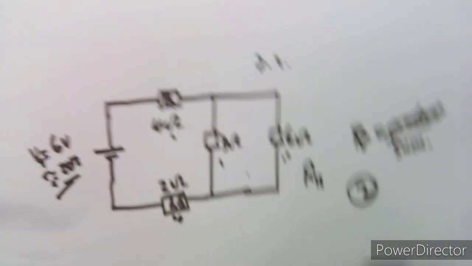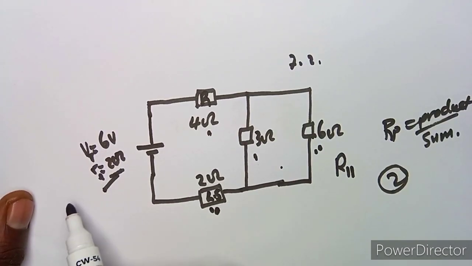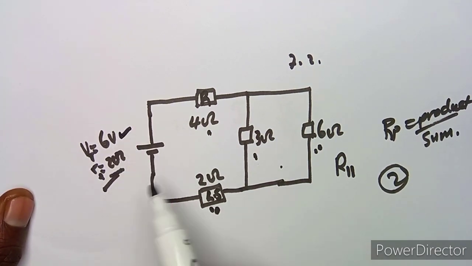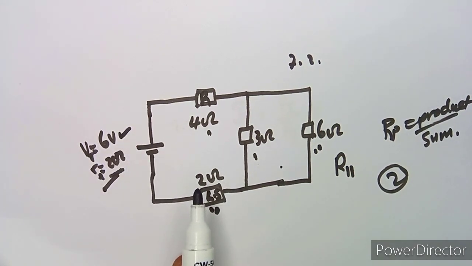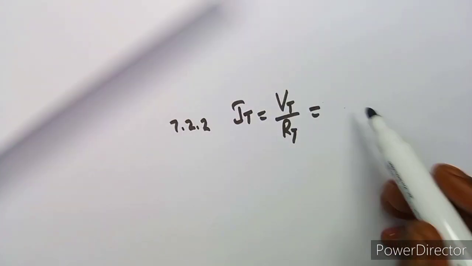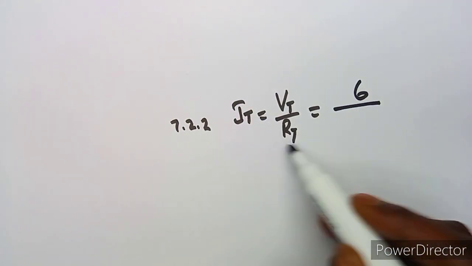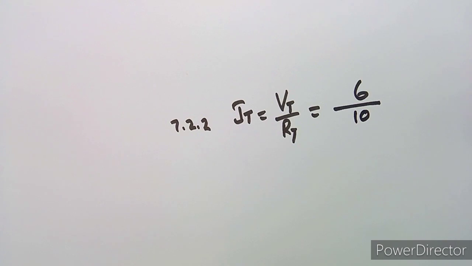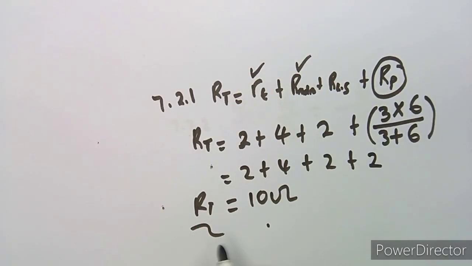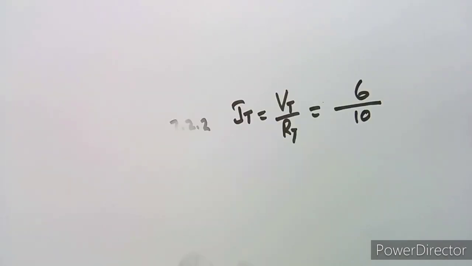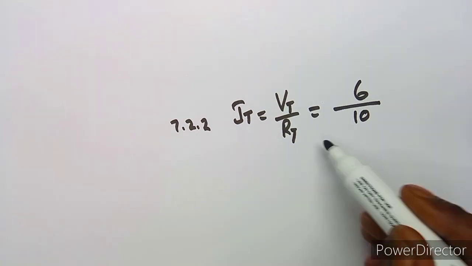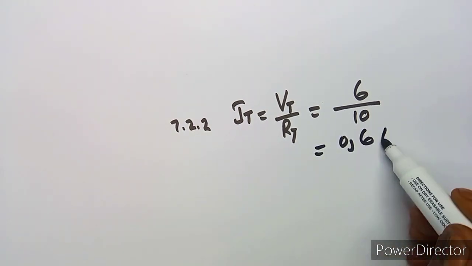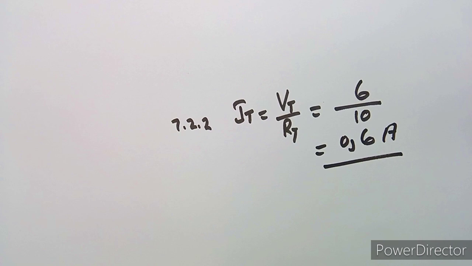So we've got the total voltage from the series cells that we had, which is 6 volts in this case. So it's going to be 6 volts over the total resistance, the one that we just calculated, which gave us 10 ohms, if you still remember. So we just divide by 10, and that gives us 0.6 amps. So this is your total current, which is 0.6 amps.